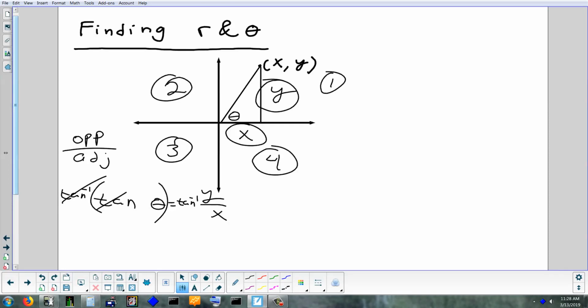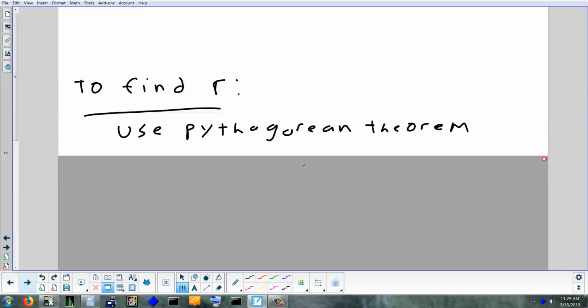Quadrants 4 and 1, yes. Negative 90 is down here, positive 90 is up here. So inverse tangent only gives you an answer on that right half. Well, that's kind of a problem because you could have a coordinate on the left half. You definitely can have coordinates in quadrants 2 and 3. So we'll talk about what you have to do in 2 and 3, but you have to make a small adjustment.